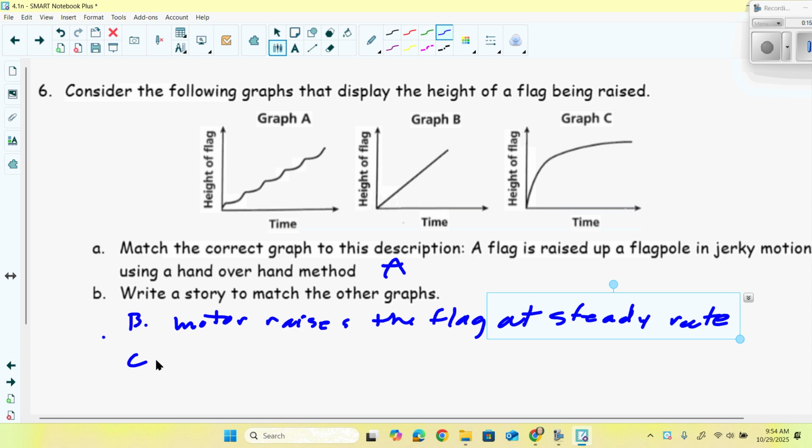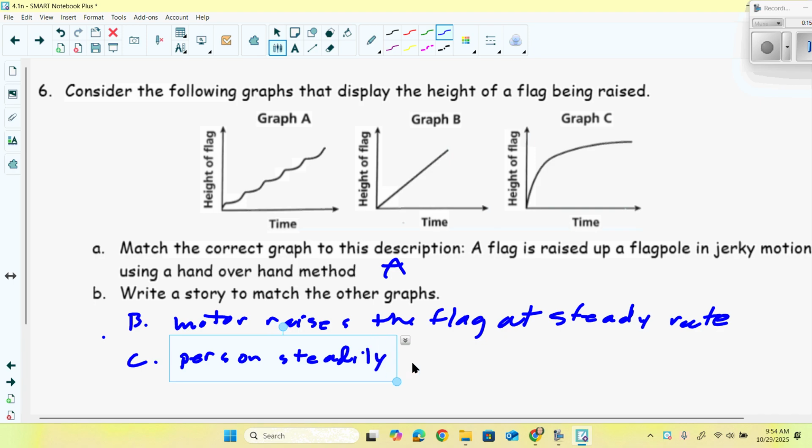And then for example C, let's say a person raises the flag but gets tired. I say steadily, but it's actually increasing at a slower and slower rate, so it's not steady.